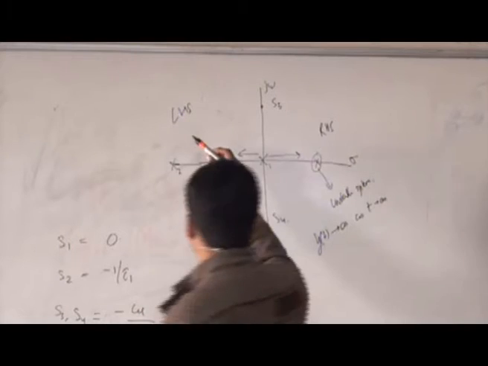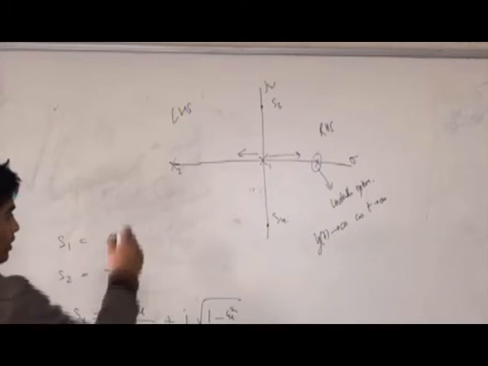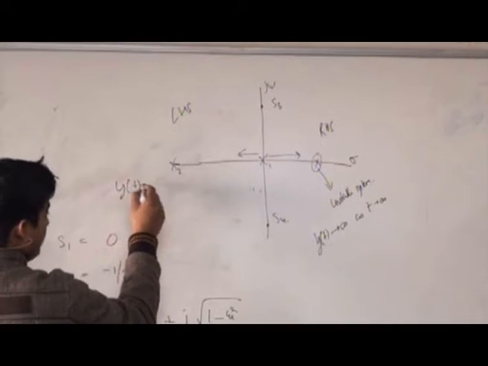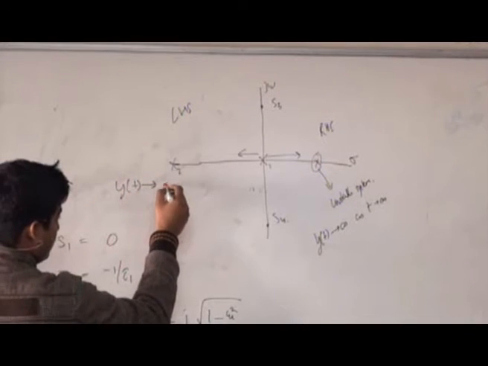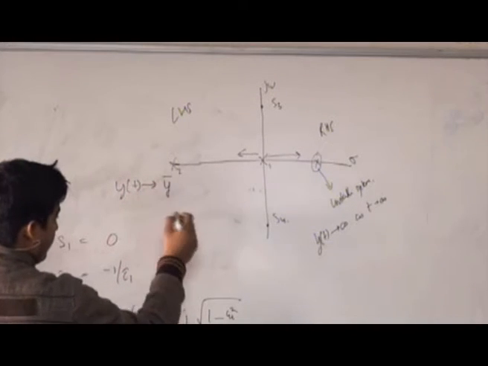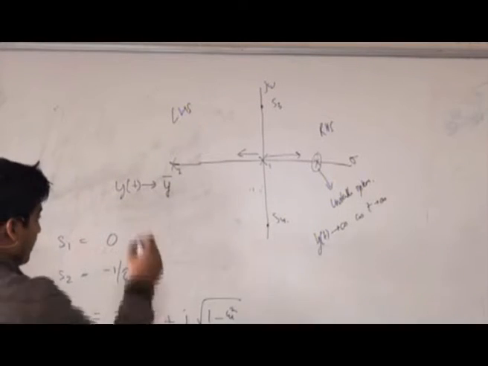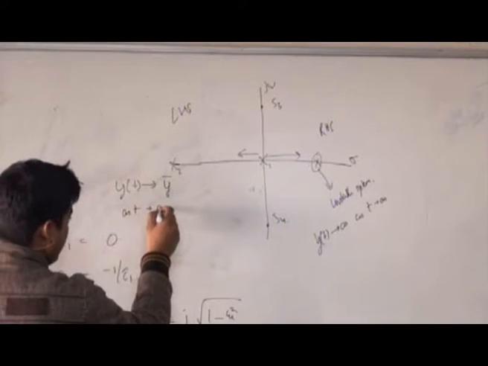But here, if you have a pole on the left hand side, your y(t) will converge to some value, let's say some y bar, which is called the steady state value, as t tends to infinity.